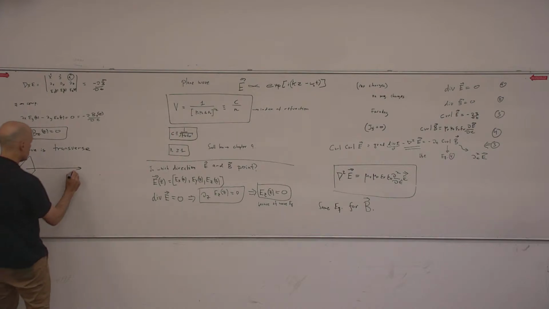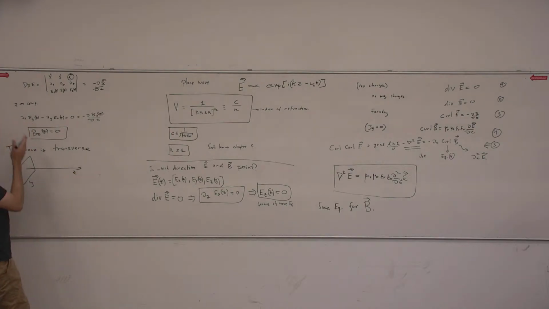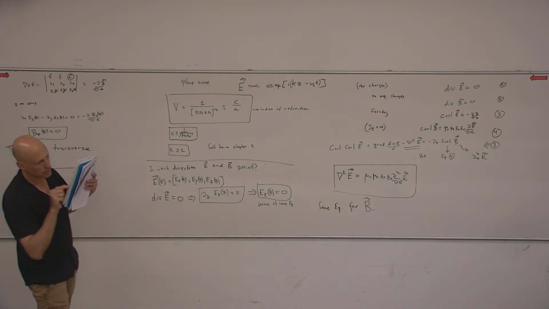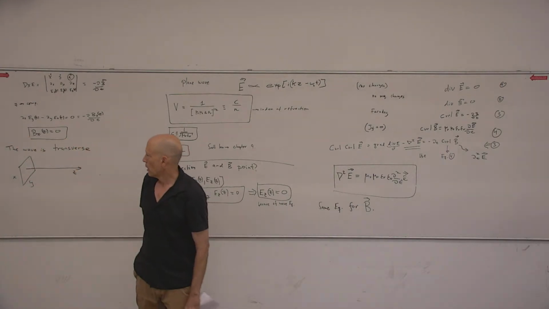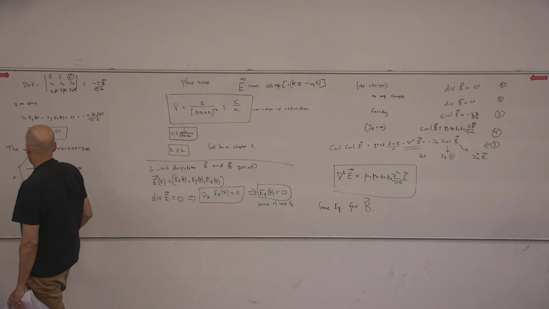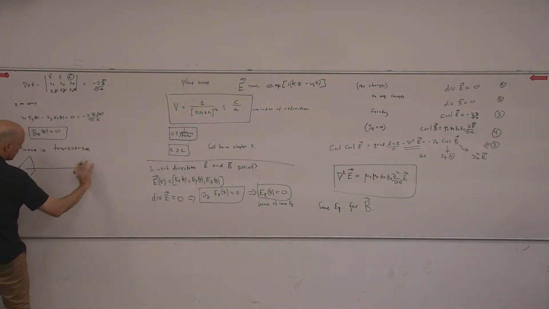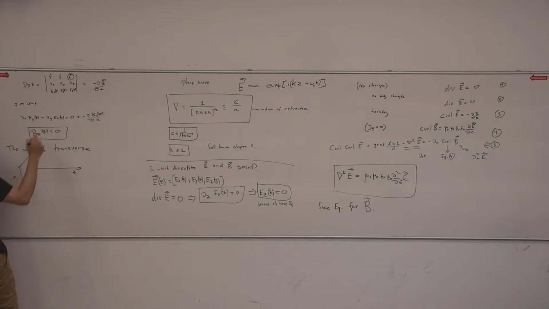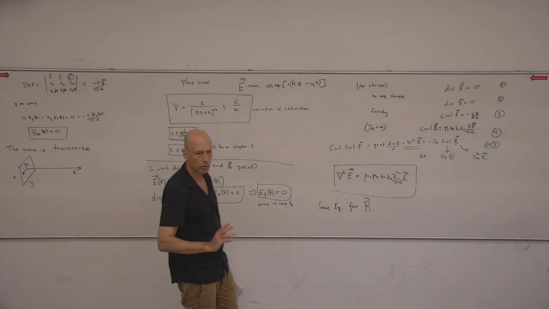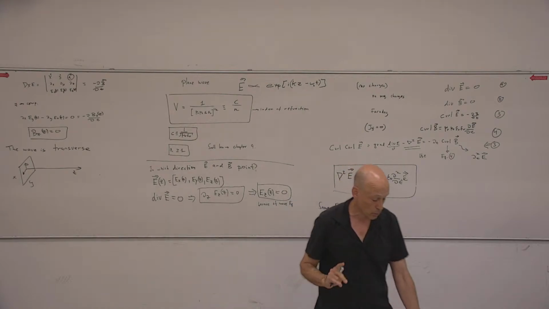And this is the z direction, and this is a plane. So this is the plane, this is the propagation of the wave, this is the z. Again, this is a definition that we took from the beginning, and then the electric field and the magnetic field are in this plane. That is called the transverse wave.